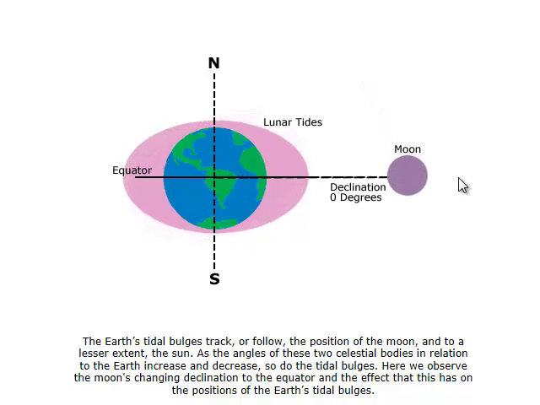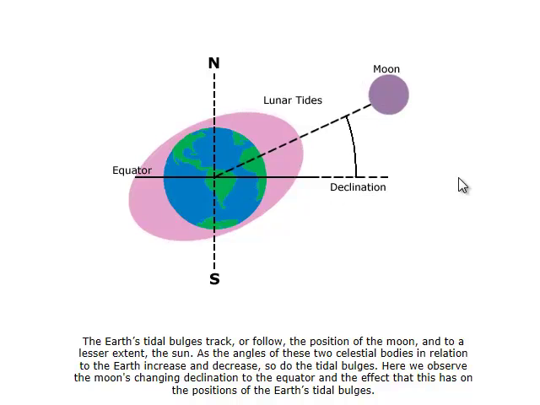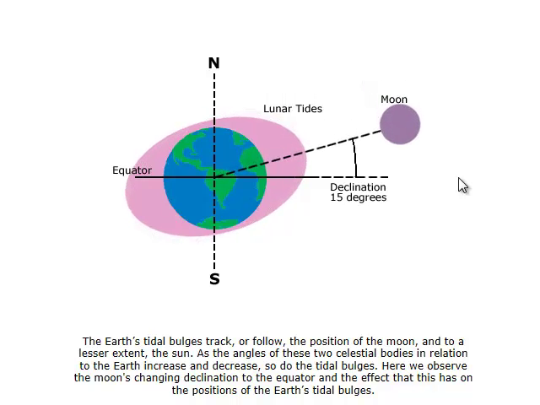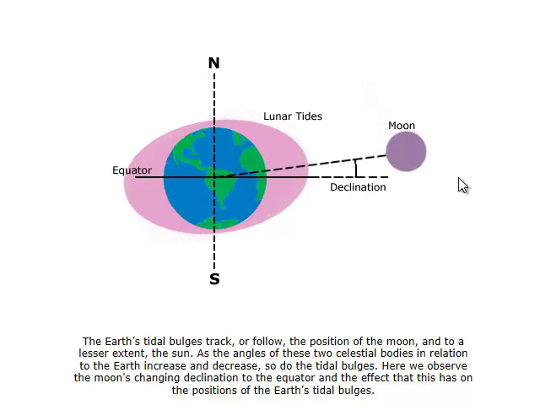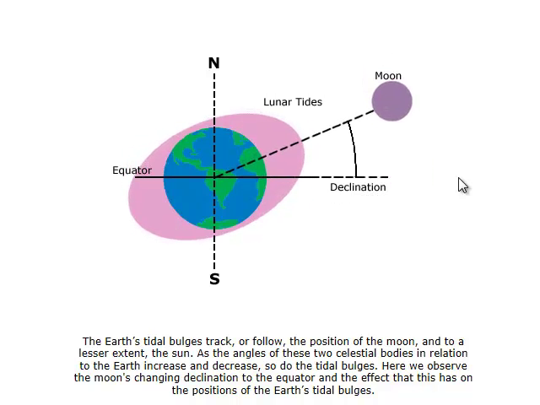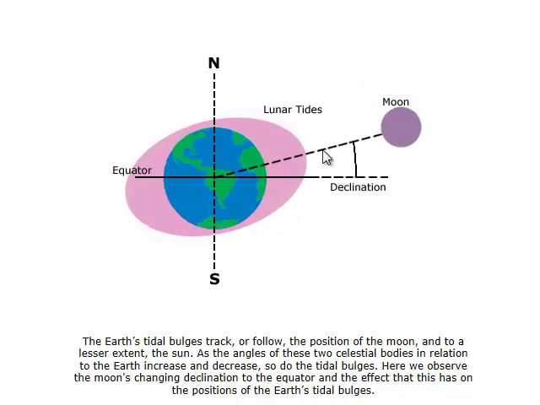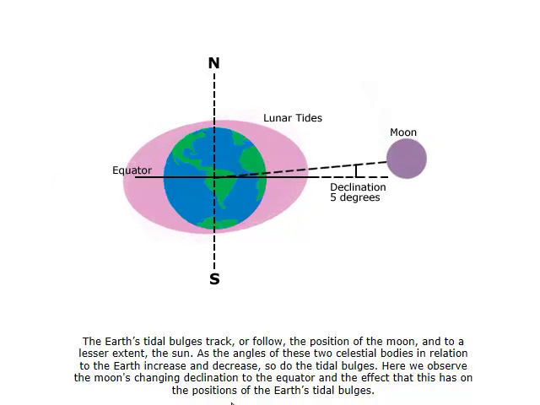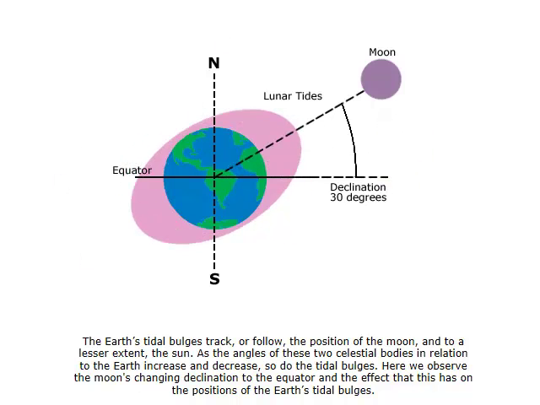So we see these bulges track and follow the position of the moon. So knowing when the moon is going to be where is a big factor in knowing when you're going to have your high tide where. It's pretty neat stuff.